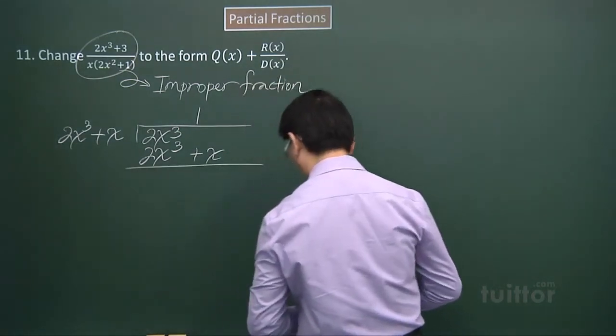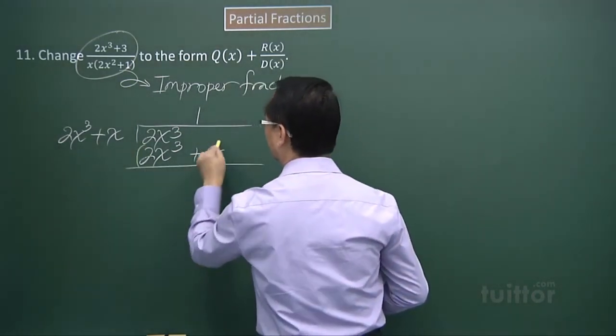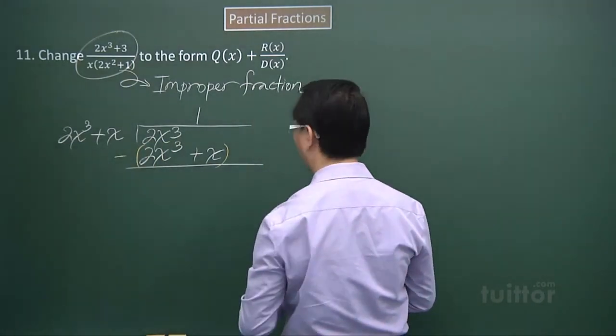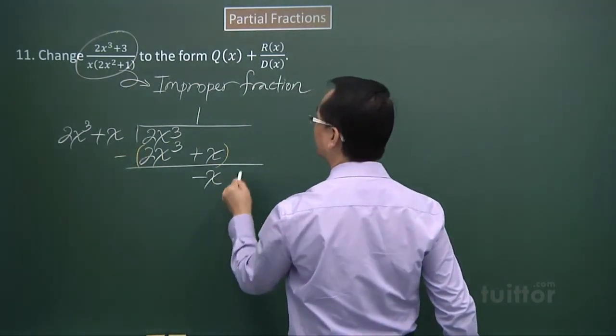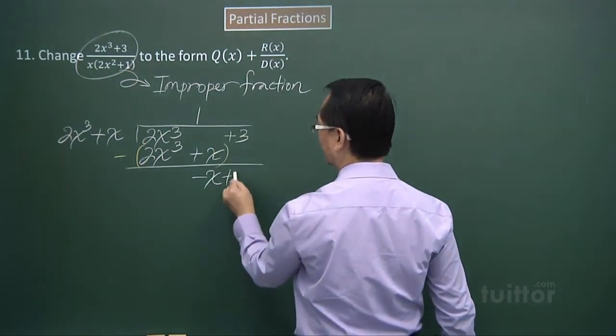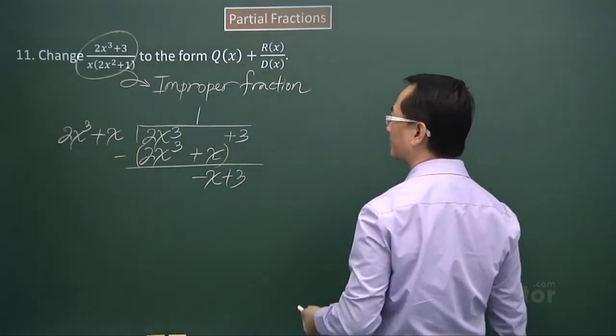Now if I take the top expression minus the bottom expression, I have got negative x. This is where I put in the 3 plus 3, transfer it down here.